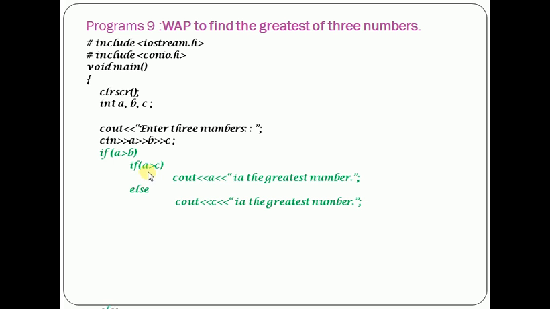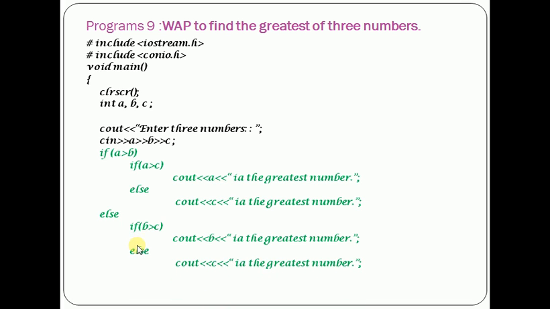Now, to the else part, that means A is not greater than B, then B and C need to be checked. So here we are checking if B greater than C, then B is the greatest number. Else we are displaying C is the greatest number.